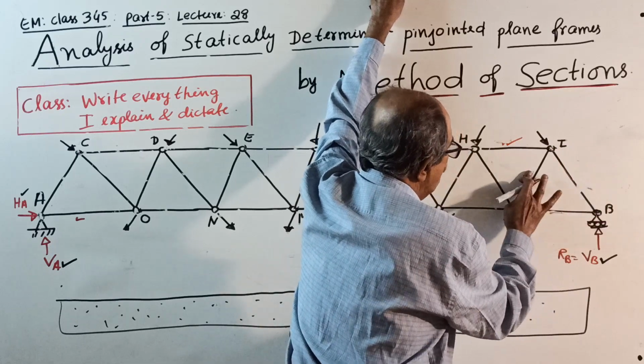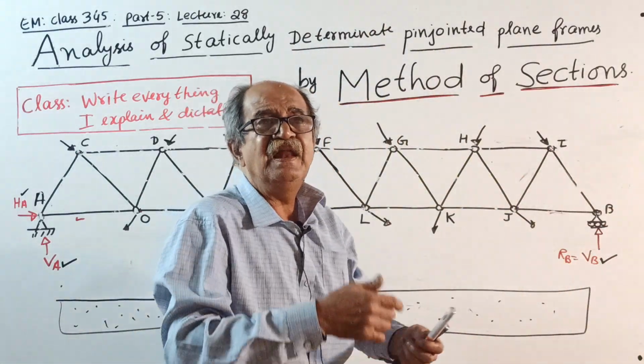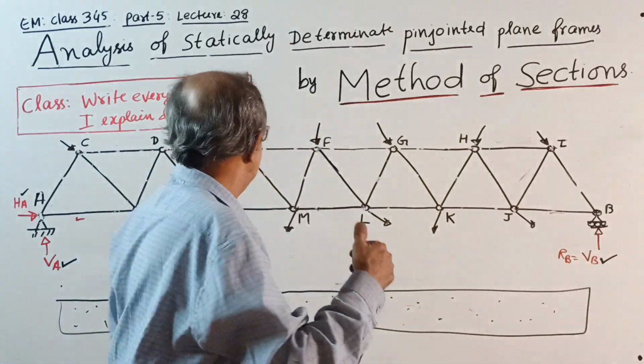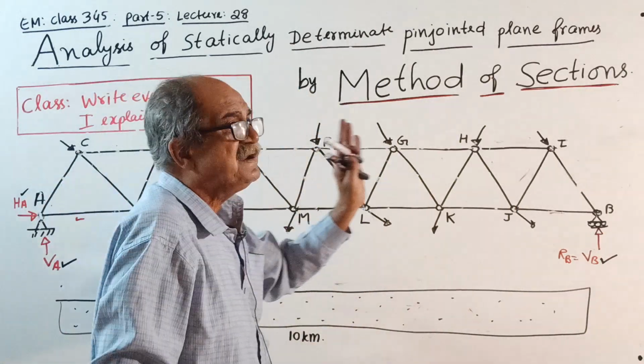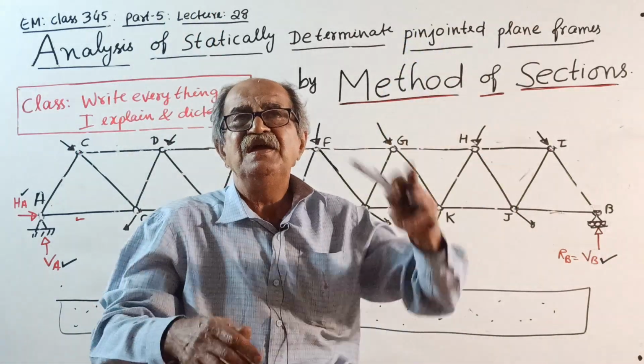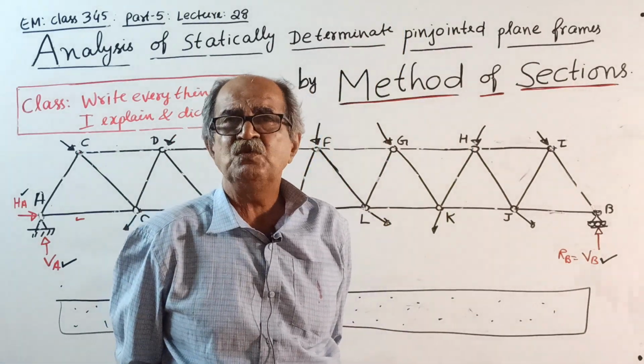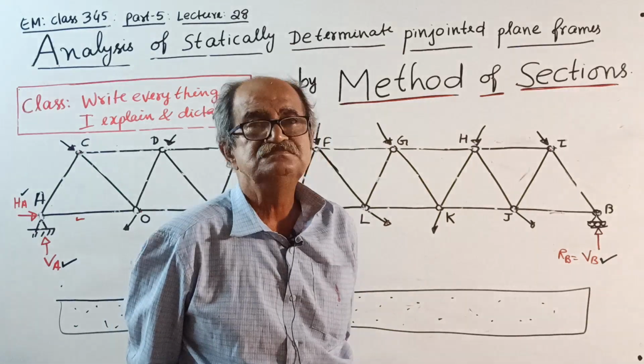So, if you want axial forces in some members which are either at the extreme left side, or extreme right side, or sometime frames will be given this way, extreme top or extreme bottom. Method of joint is quite okay, you can do it.